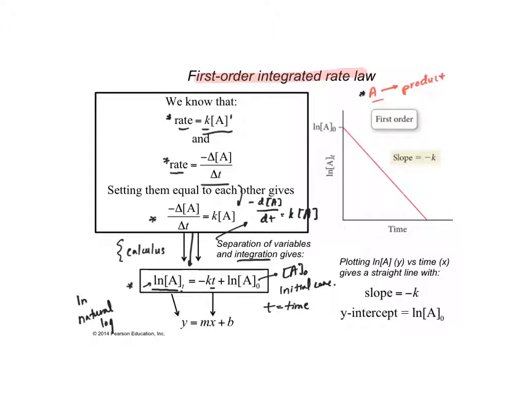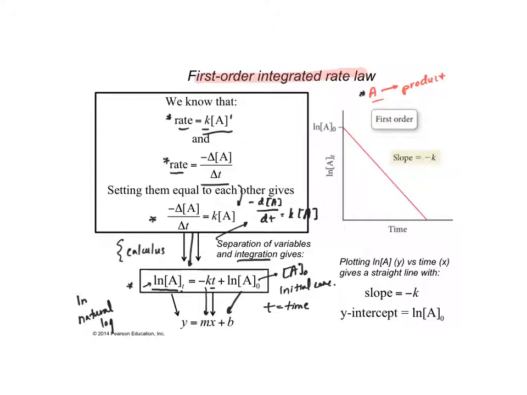So hopefully you note that this takes the form of y equals mx plus b, where y is the natural logarithm of A, x is time, m is our slope, which is minus k, minus the rate constant, and the y-intercept ends up being the natural logarithm of the initial concentration of A.